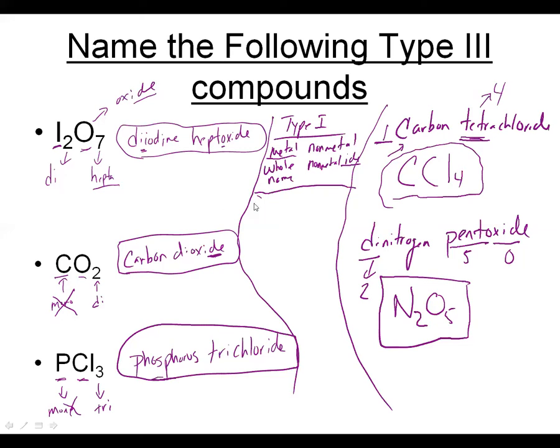And that's very similar to type 2, which is also a metal and a non-metal. Also, the metal important there will be a transition metal. And again, we use the whole name. This is where we use those Roman numerals. And then the non-metal with the IDE at the end of it.